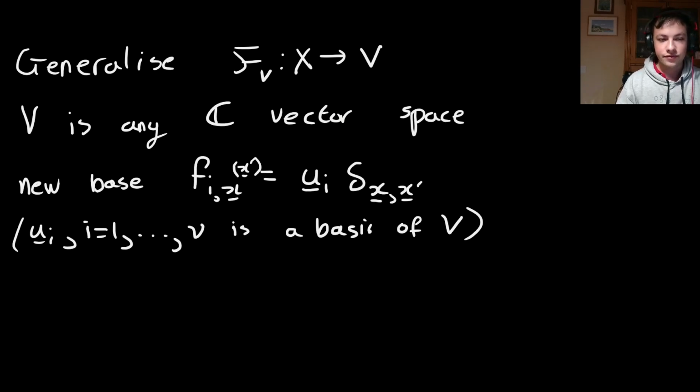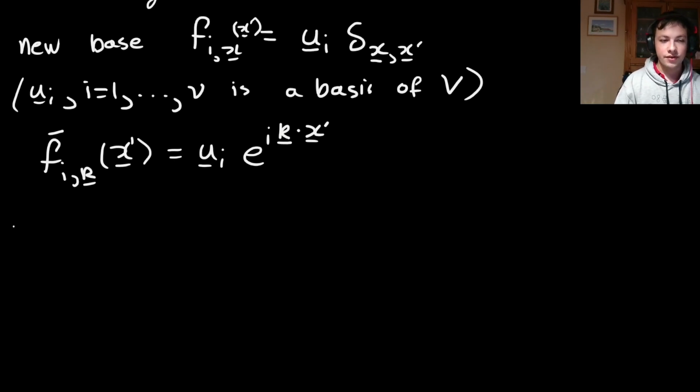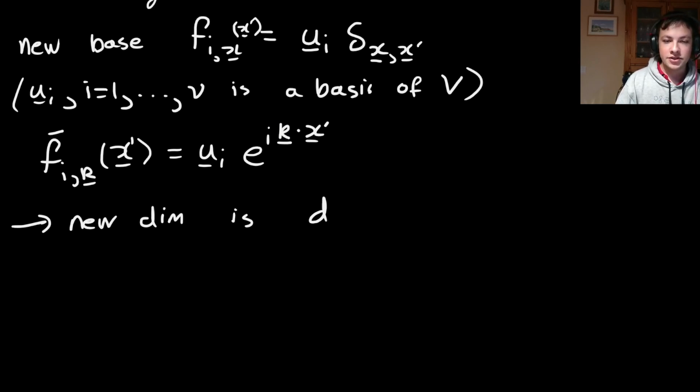And we also get the reciprocal basis, f_i k bar, evaluated at x primed, why not, is u_i and then e to the i k dotted with x again, or x primed. And so we basically have just added in this extra vector definition. So our new dimension is the dimension of the vector space where we would just go into complex numbers times the dimension of the new vector space we're going to.